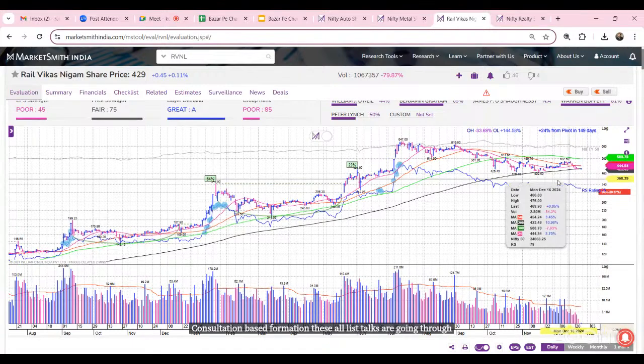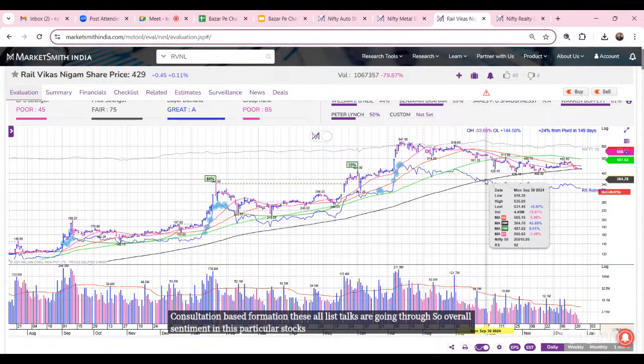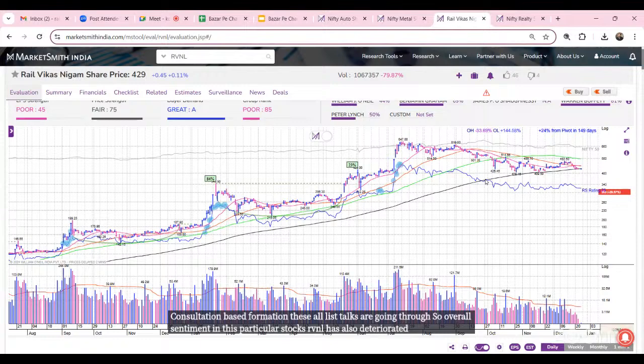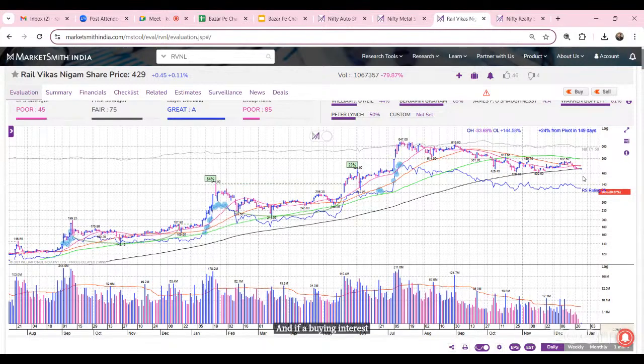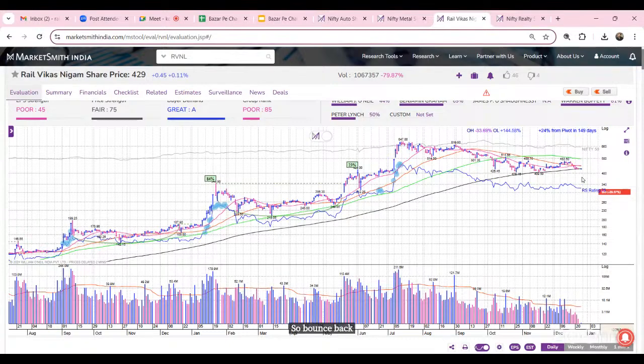So overall sentiment in RVNL has also deteriorated. The stock has breached all its key moving averages. It is trading near its 200 DMA. So let's see whether a bounce back takes place or not. And if buying interest emerges from here, then we have a chance to enter. So a bounce back cannot be ruled out in this particular stock.